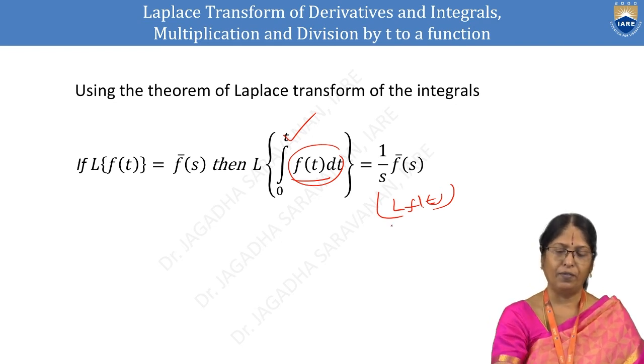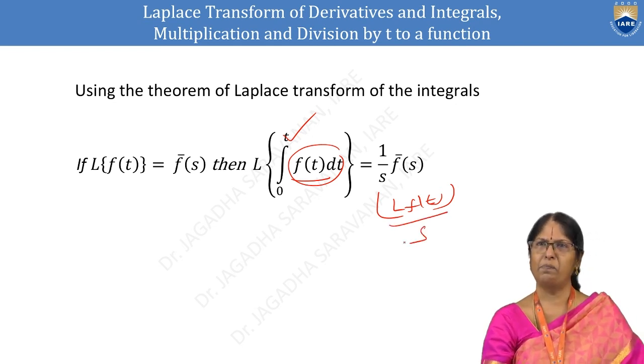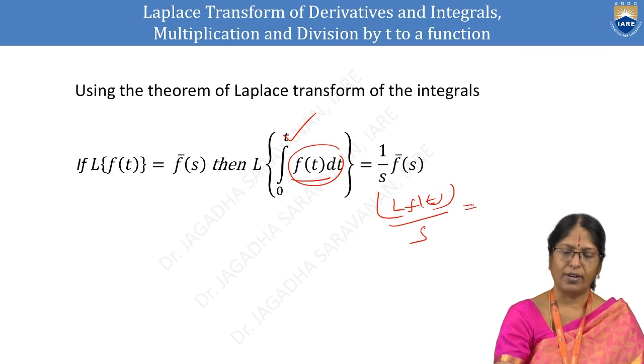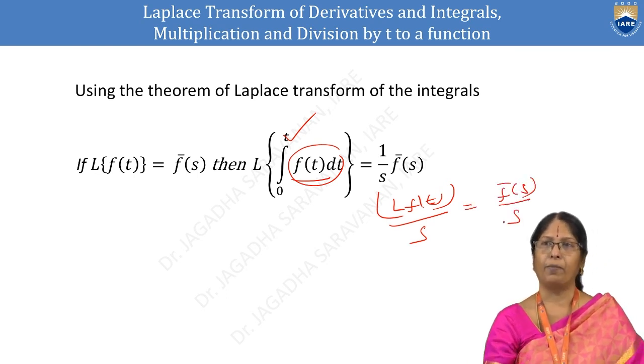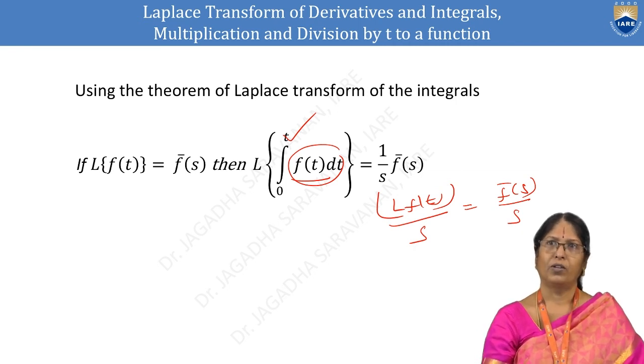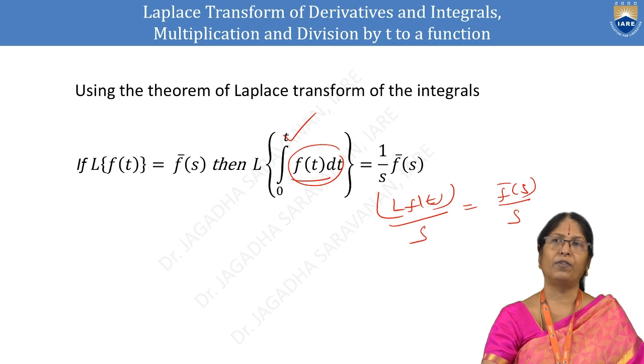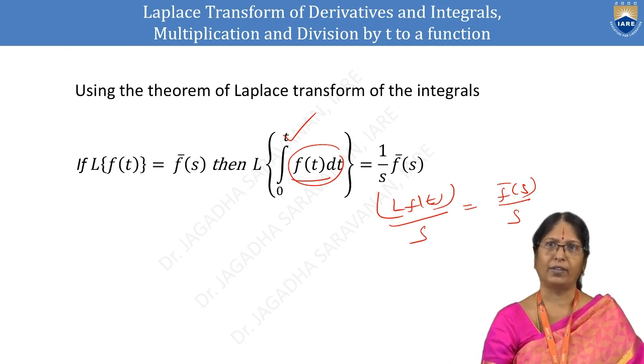That is divided by s. Simple integral. L of the integral of f of t is nothing but f bar of s divided by s. So whatever the function, if it is under an integral, first we find L of f of t, and the result will be divided by s.